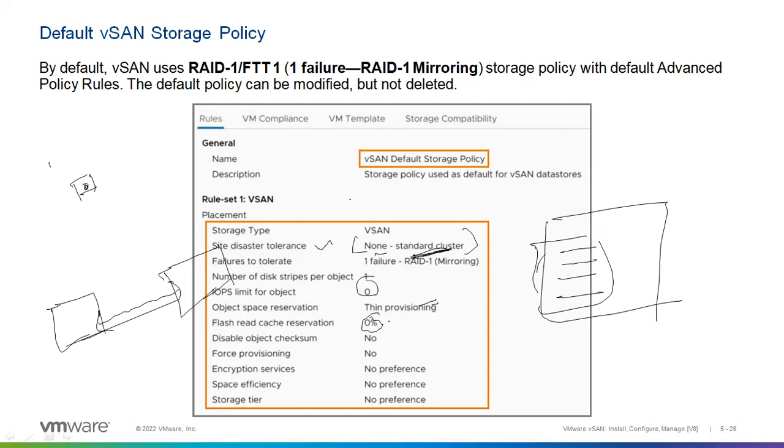So when I select the first option here, stretch cluster mirror across site, it means that it does not matter where my VM is; whatever data I write under this VM object, it will create two copies, one in site 1, one in site 2.